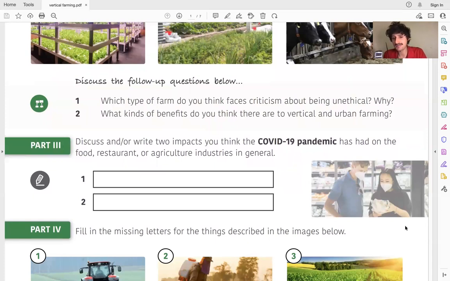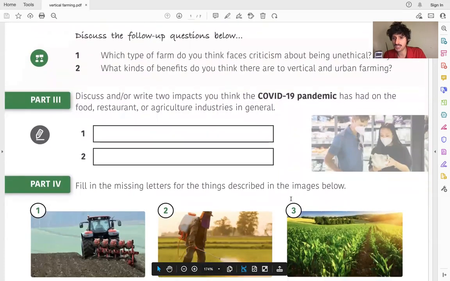I don't live the same life right now as I did a few years ago. A lot of people's lives have changed. Our habits have changed. Talk about businesses. How have businesses changed? We definitely want to focus on the food, restaurant, and agriculture industries in general.